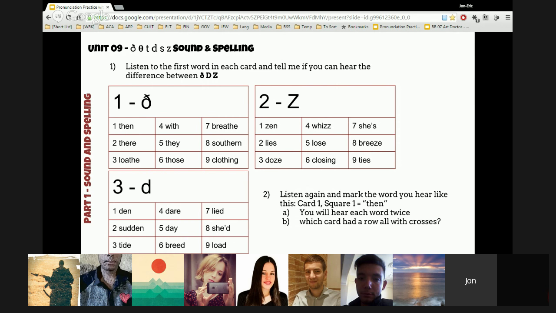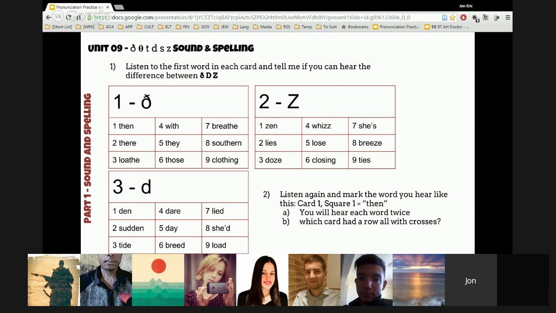I would suggest you write it down somewhere because you're going to need to remember these. What you're going to do is tell me which card gets a complete, like in tic-tac-toe, the game, which card has a mark all the way across one of the rows. Which one has the first mark all the way across?